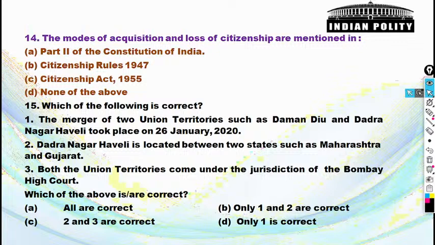Accordingly, Parliament enacted the Citizenship Act 1955, and this act came into force in the same year, and this contains acquisition and loss of citizenship. There are about 4 schedules and 18 sections in the act originally, and this act specially deals with acquisition and loss of citizenship. So answer will be C.